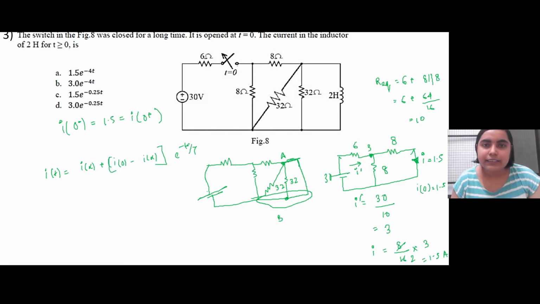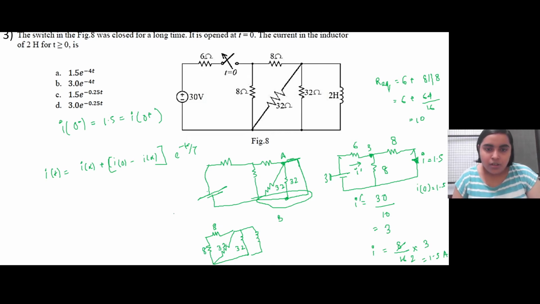Now let us consider when switching has already occurred. That is, this switch has been opened and only this part of the circuit is connected. So now the inductor is connected to the combination of resistance 8. Just imagine when this circuit reaches a steady state, the inductor acts as a short circuit.